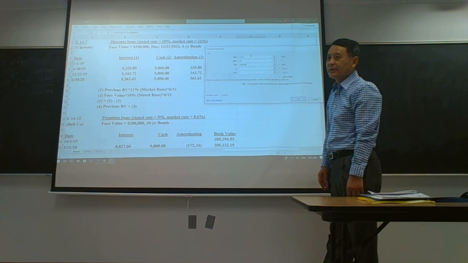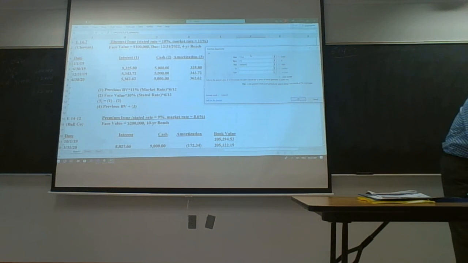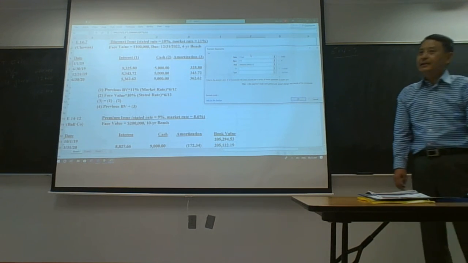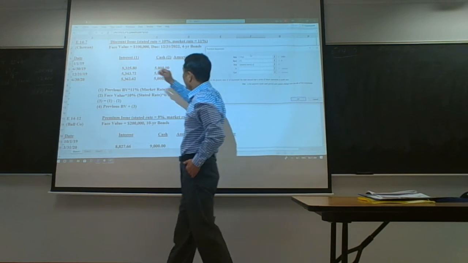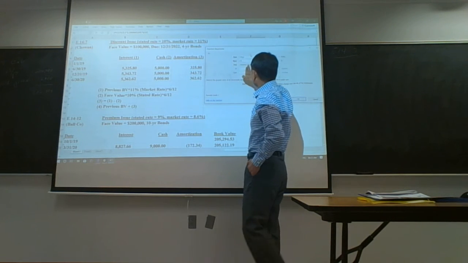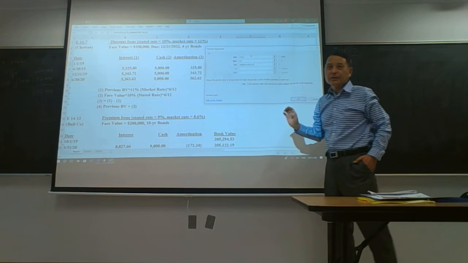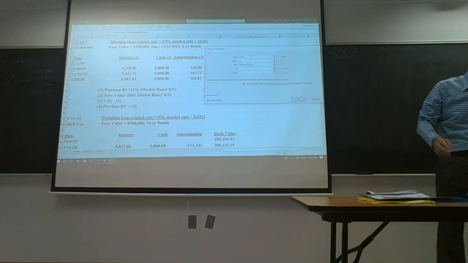Stated, right? So 10% stated rate times 6 over 12 months, for 6 months. So 100,000 face value times 10% stated rate times 6 over 12. And that is a semi-annual payment.